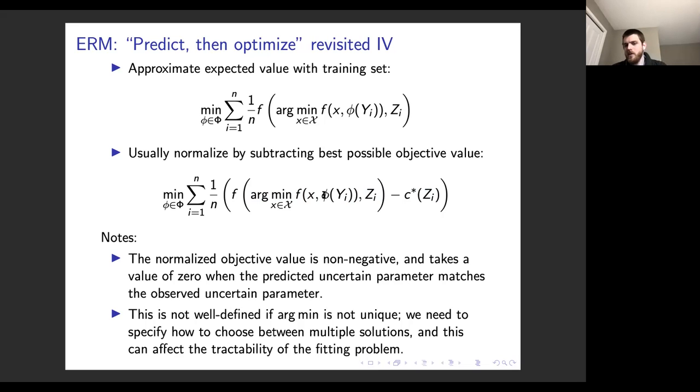So another way of thinking about this is you're kind of trying to trick predict and optimize. So predict and optimize thinks it has a perfectly accurate estimate of the uncertain parameter. And so instead of feeding it a perfectly accurate estimate of your uncertain parameter, you feed it something else that you think will make it choose the right action given what you know about the distribution.